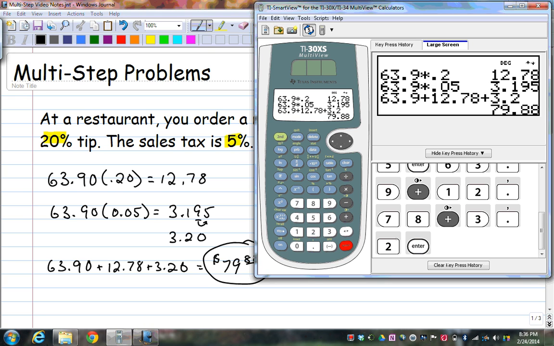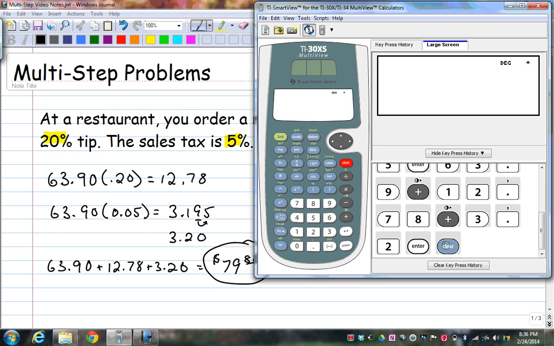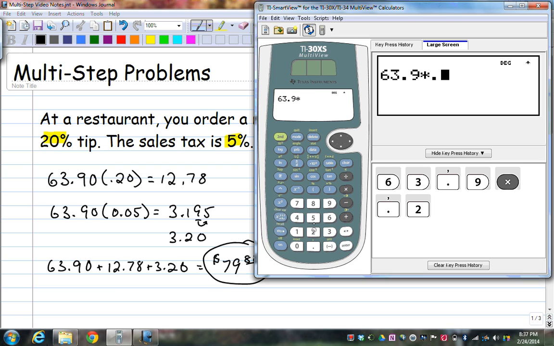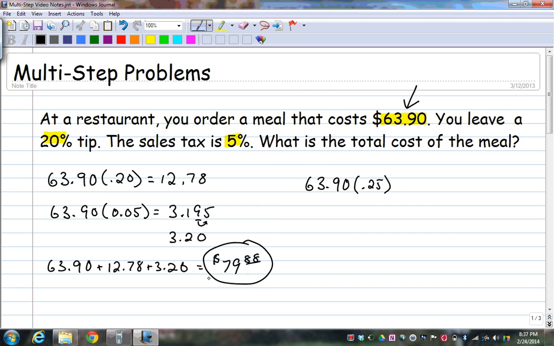So I'm going to clear this out. And I have 63.9 times 0.25 and I get 15.975. Again, we're dealing with money, so this is going to be 15.98.